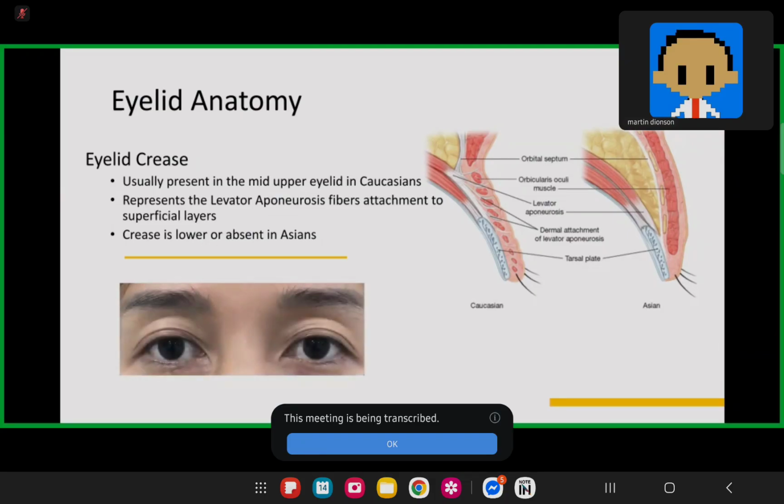Here is a photo of a person showing your eyelid crease, so the folds are noted in your upper eyelids. But in Asians, you would see that it's lower or absent. You would notice the lower position. So for your Chinese friends or those with small eyes, look at your eyelid crease.